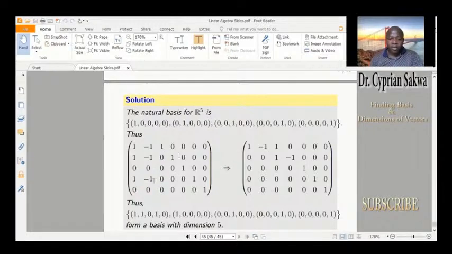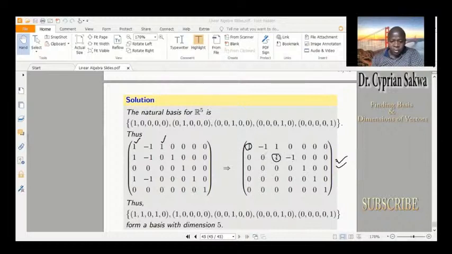Then reduce this matrix to echelon form. When I did that, this is what I got as my final matrix. Remember that these vectors had been arranged in columns, and this is a leading one in column 1. The other leading one here is in column 3. So I'm taking the original vectors in those columns.